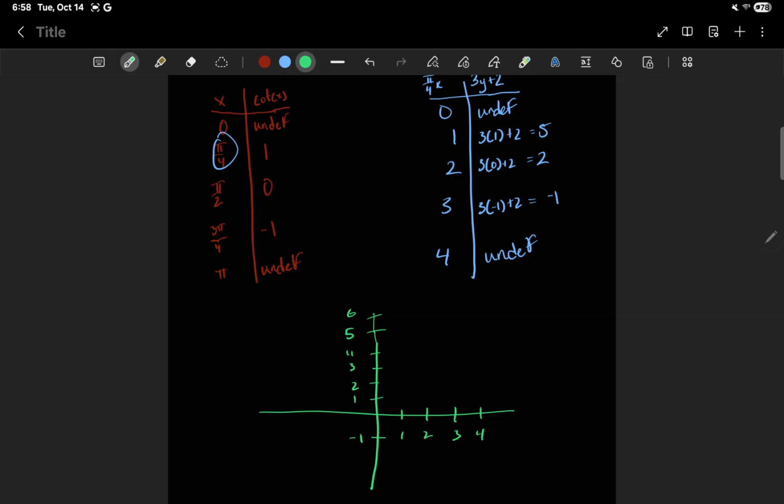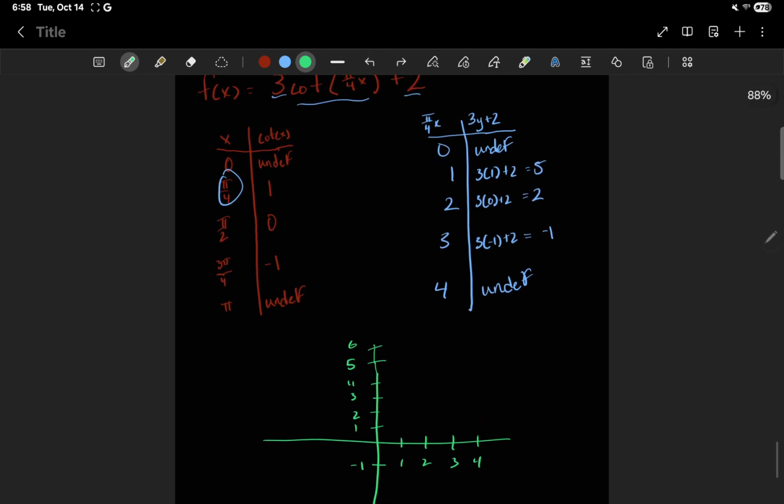Okay, so then our first point is 0, undefined, and undefined tells us vertical asymptote. So graph it in the original color, which is red. So we have a vertical asymptote at 0. We have a vertical asymptote at 4.